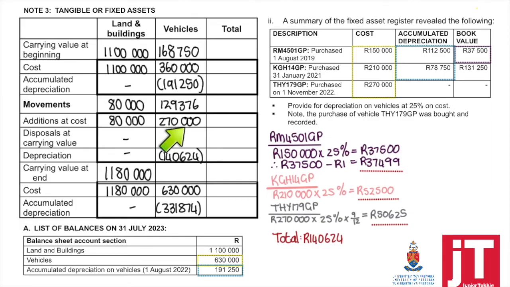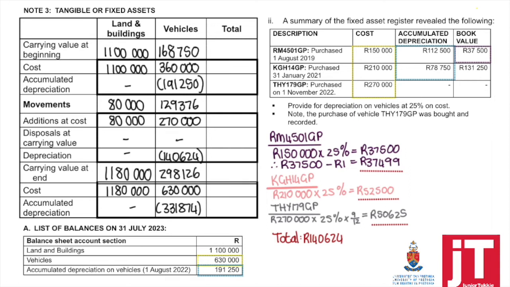And our movement is the 270,000, which is the additions, minus the depreciation equals, no brackets, it's a positive figure. Carrying value in the beginning plus the movement equals the carrying value at the end. If you take the cost minus the accumulate at the end, it should give you exactly the same answer.